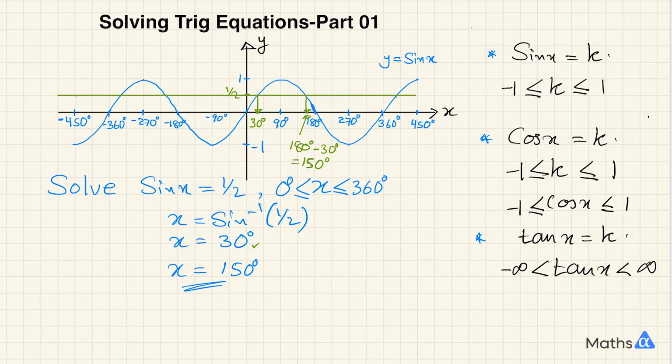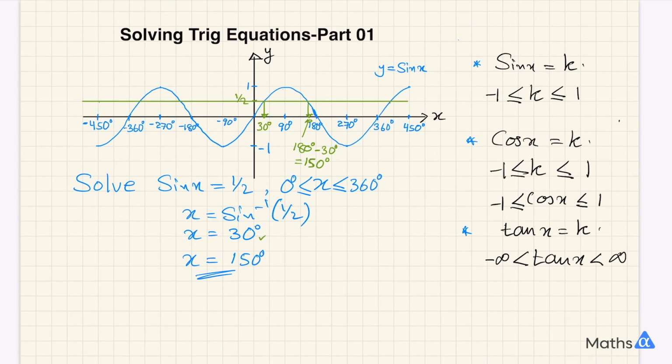When you solve a trig equation, you can sketch the graph of sin x and get the solution like we did here. But this is not a very convenient method, because you need to sketch the graph of sin x, sometimes cos x or tan x, to get the solution in the given interval.